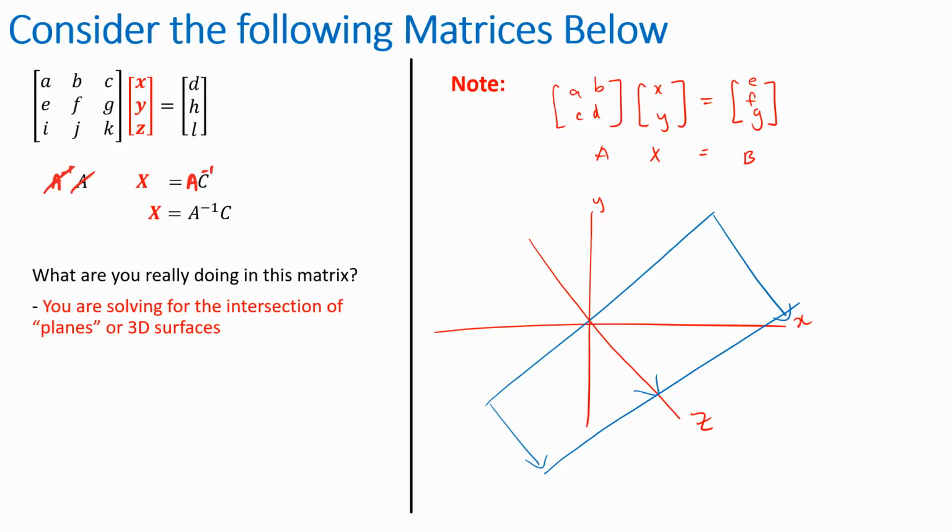Okay, so you get this 3-dimensional sheet. Okay, so when you solve for 3 equations, 3-dimensional equations where you have x, y, and z, and 3 different equations, you're actually solving for now 3 planes, 3 sheets, for when they intersect. And that's all you're really doing.